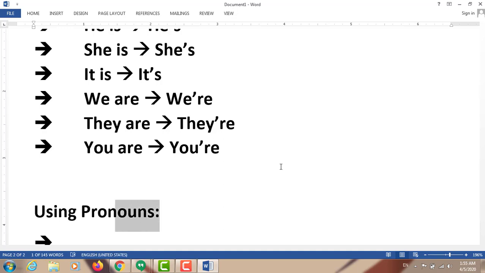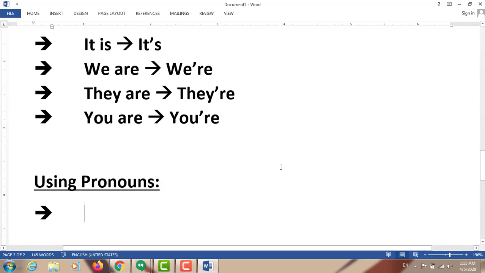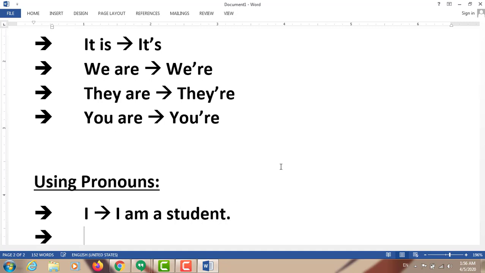I'm talking about both the singulars and the plurals. For example, the first one is I. You usually use this for yourself. "I am a student." So this one is always used for I.